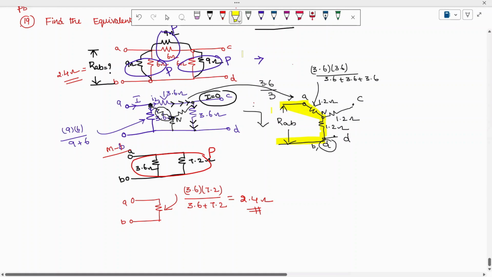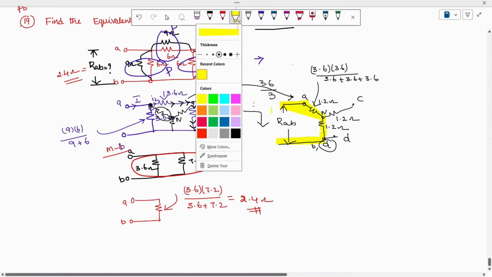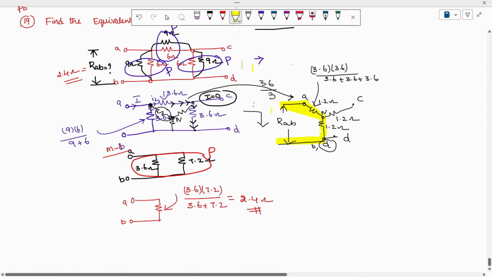So then you can see here the current starts flowing like this, and it forms a closed path. So current will not flow in this path. Why? Because it is open circuit. Whenever it is open circuit here, current becomes 0. So the current in this path is 0.